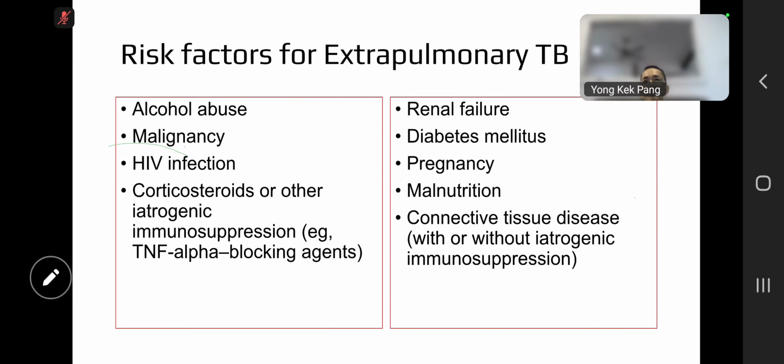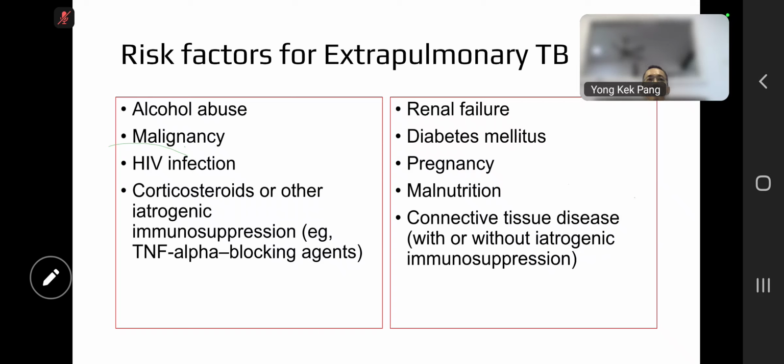So what are the risk factors for extrapulmonary TB? As you may guess, it is the immune-compromised state. The more immune-compromised the individual is, the more likely they are going to experience reactivation in the extrapulmonary sites.